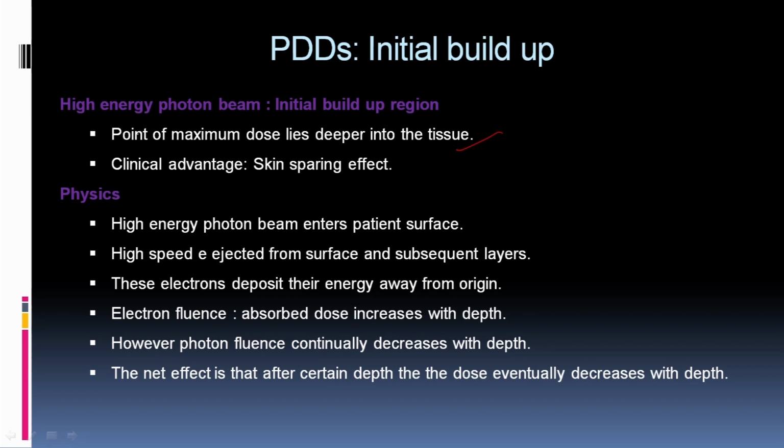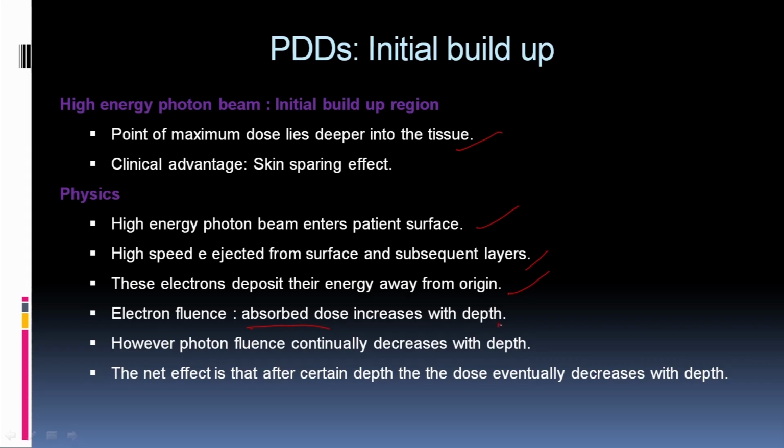Now the physics behind this initial buildup: the high energy photon beam enters the patient surface. High speed electrons are ejected from the surface and subsequent layers, and these electrons deposit their energy away from the origin, and the electron fluence increases with the depth, as well as the absorbed dose.